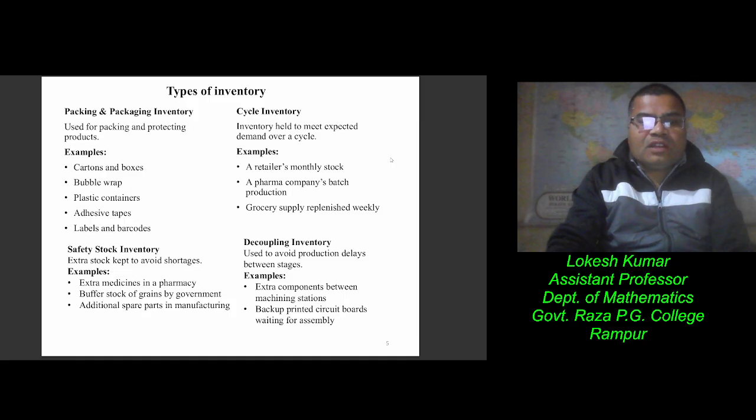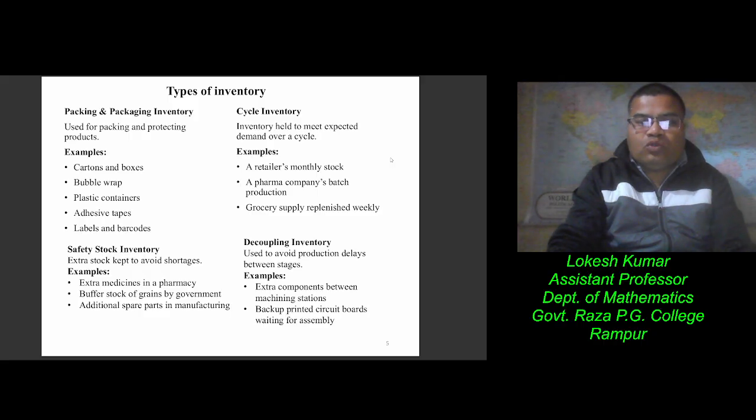Safety stock inventory. The extra stock kept to avoid shortage is called safety stock inventory. For example, extra medicine in a pharmacy, buffer stock of grains by government, additional spare parts in manufacturing.